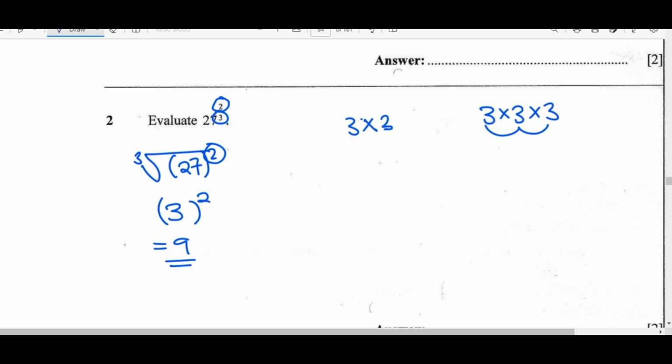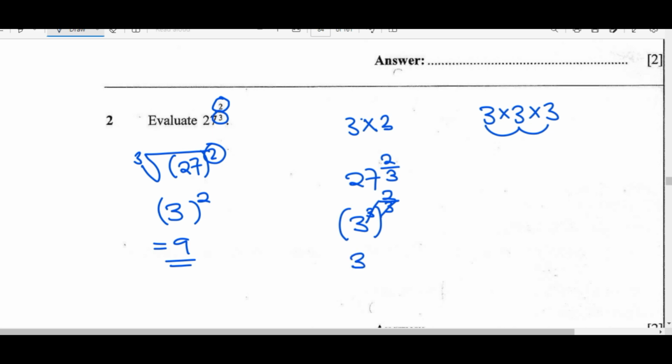The other method is to say 27 raised to 2 over 3. In this case, you find a number that will multiply itself 3 times, as the denominator says, to give you 27. So it will be 3. In brackets, again, you put this fraction, 3 over 3 there, and then we cancel.